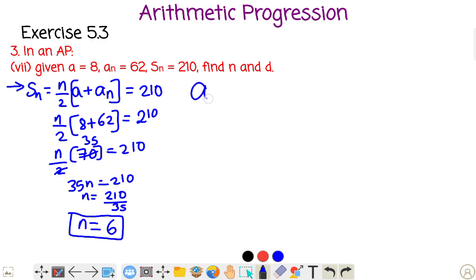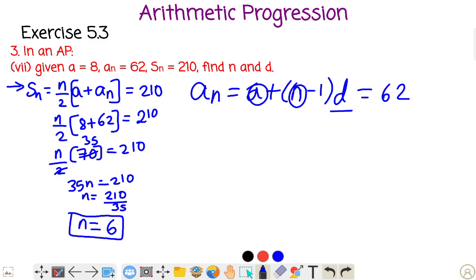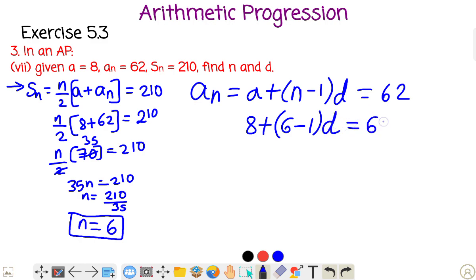So an is equal to a plus n minus 1 into d. They have already given an is 62. So now substitute n value and a value so that you can get d value. So a value is 8 plus n value we just found out, 6 minus 1, into d is equal to 62. So I'll shift 8 to the other side.